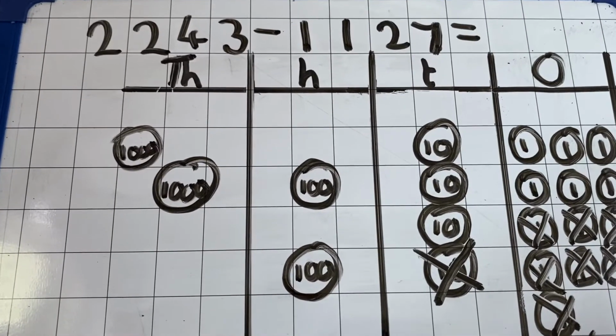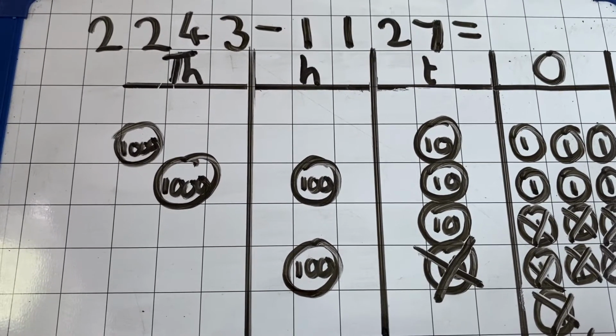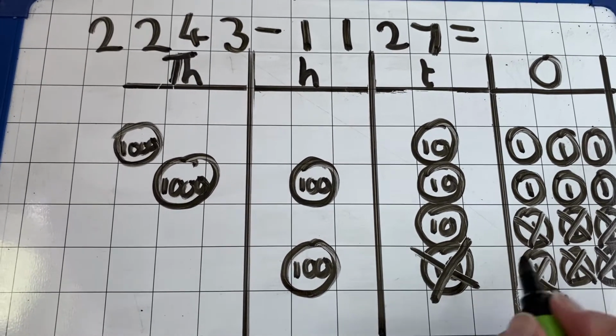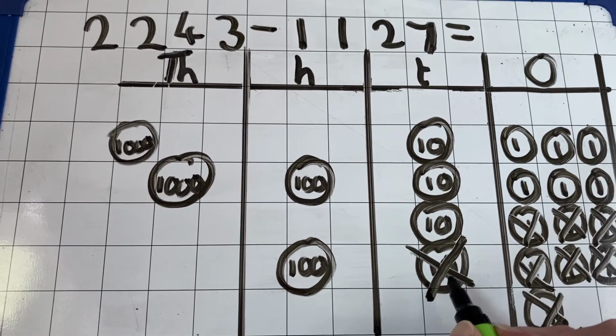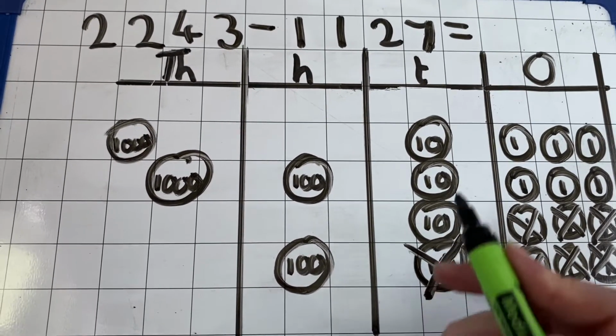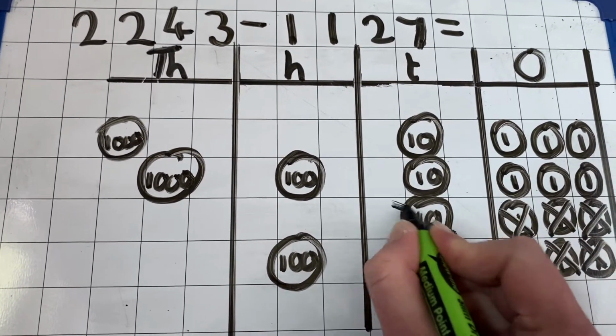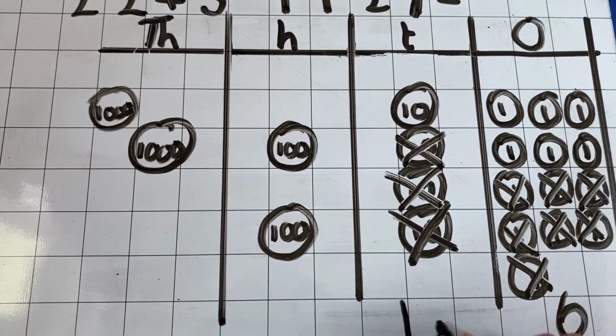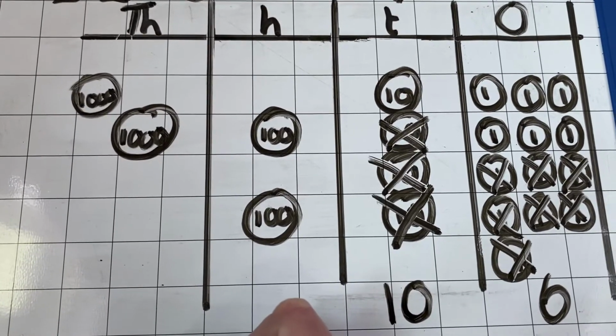I now need to make sure that I subtract 2 10s from my 3 10s because I've already exchanged. So to take and make, so I only have 3 10s, 30 left, and I need to subtract 2 10s, 20. I am left now with 1 10.